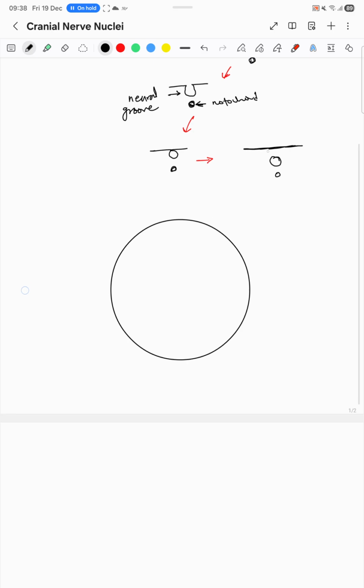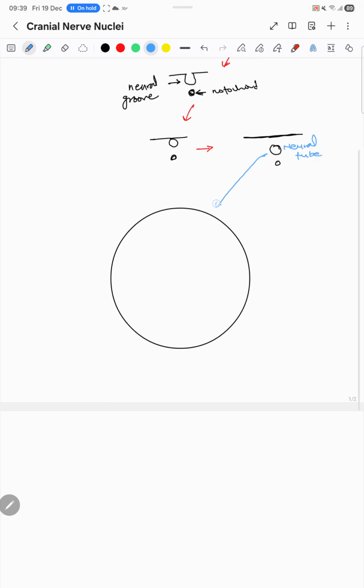If I show you in a different color, this was the neural tube. If I label it neural tube, here it is. I've just shown you an enlarged section of this neural tube, right?